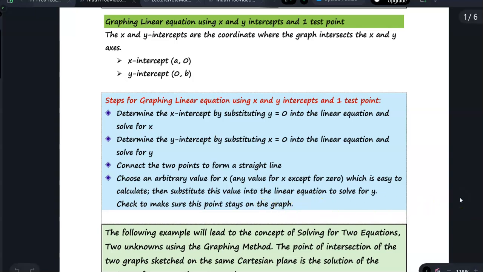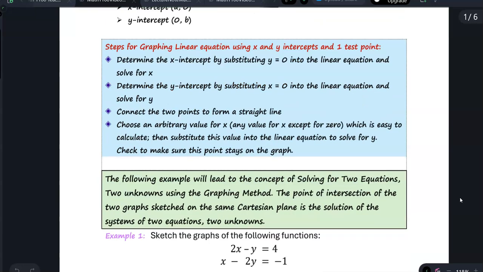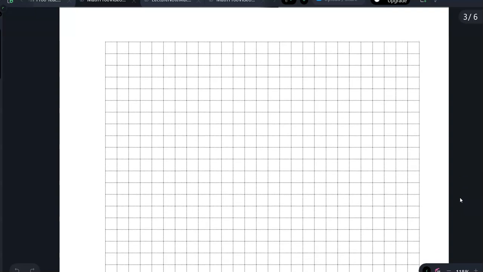So I can quickly draw this for everyone to explain what I mean. Let's say I have a graph like this, and on this I have the x and y axes.